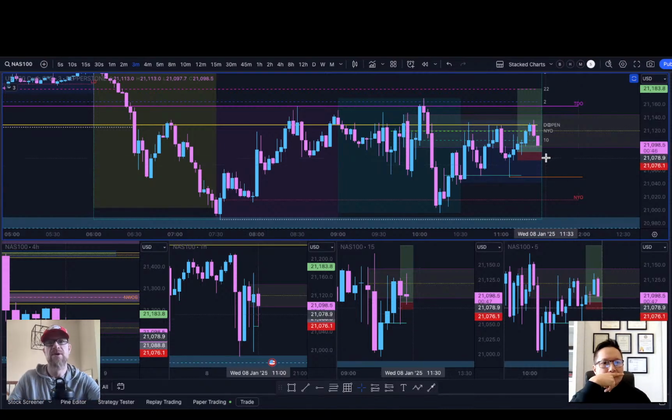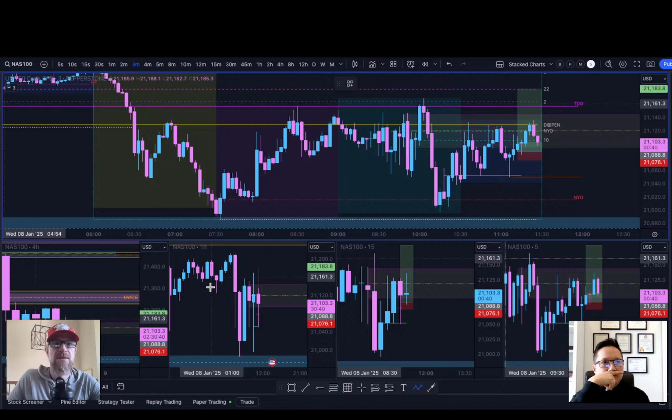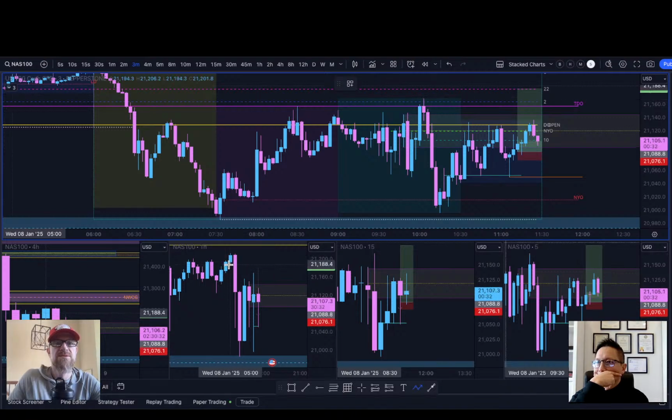You know, the hourly went perfectly into its fair value gap, V-shaped reaction. So we had a low, we came up, put in this high, inducement, put in this high, inducement, put in this high. So we had 3 candles back to back to back with all 3 inducement, no mitigation.